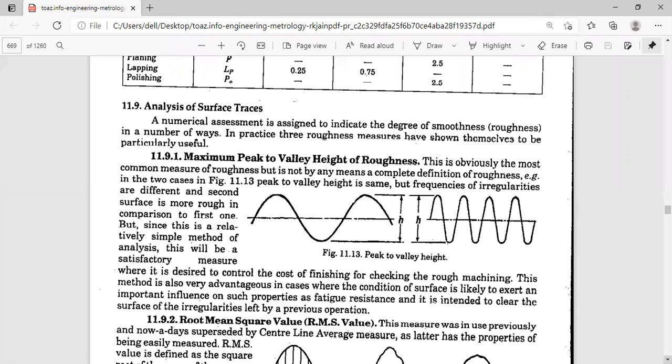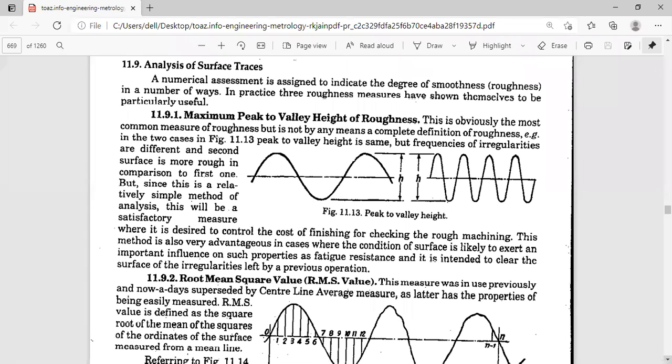Here we are talking about the instrumentation of metrology and the design engineering part. Like that, we can have the root mean square, RMS value.